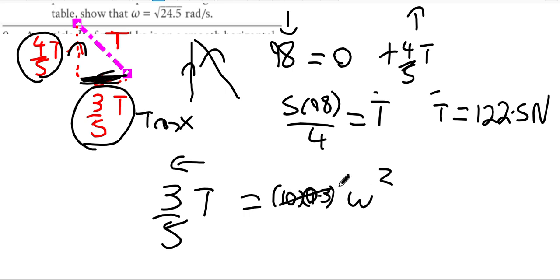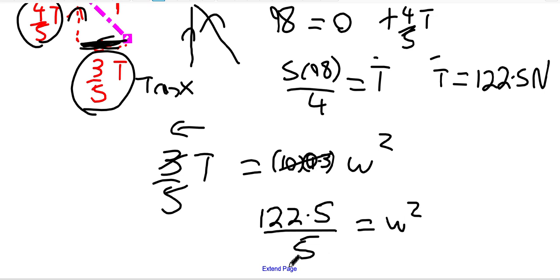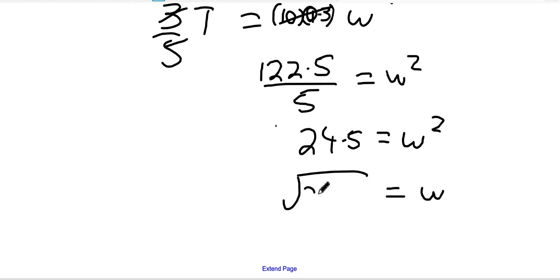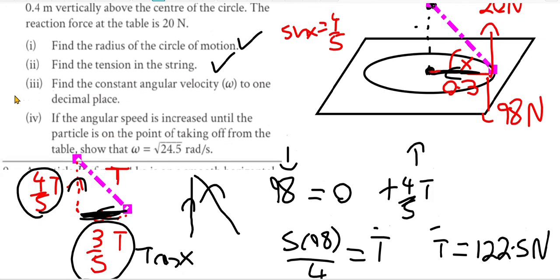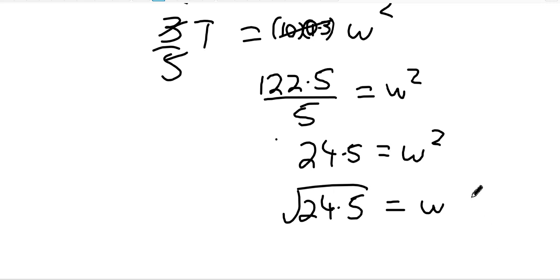And once again, the 3 and the 3 cancel. So it's going to be 122.5 divided by 5, which is 24.5. Then that equals omega squared, and omega equals the square root of that. And we don't even have to do that, to show that question. Okay, happy days.